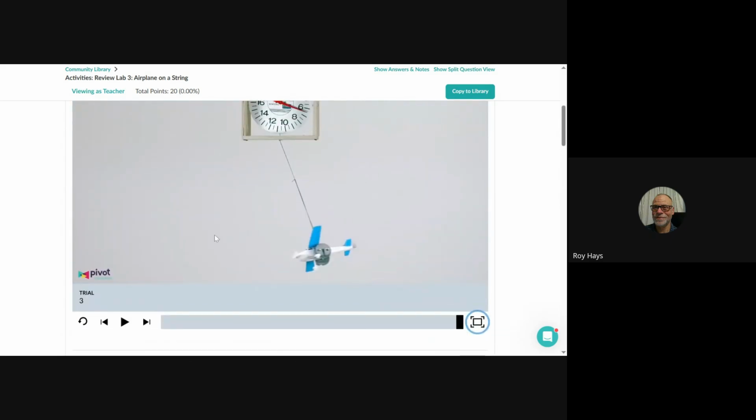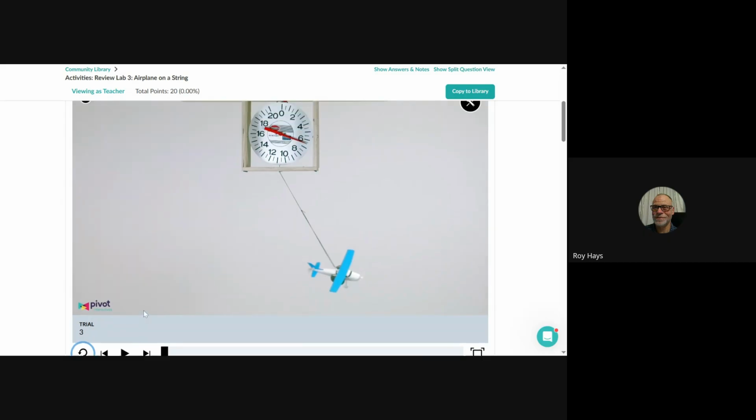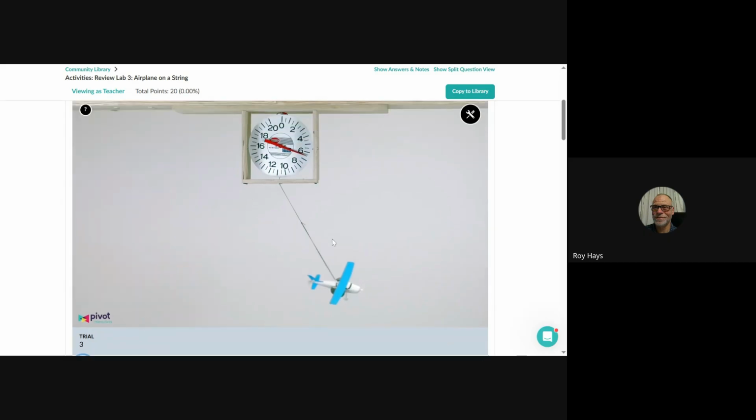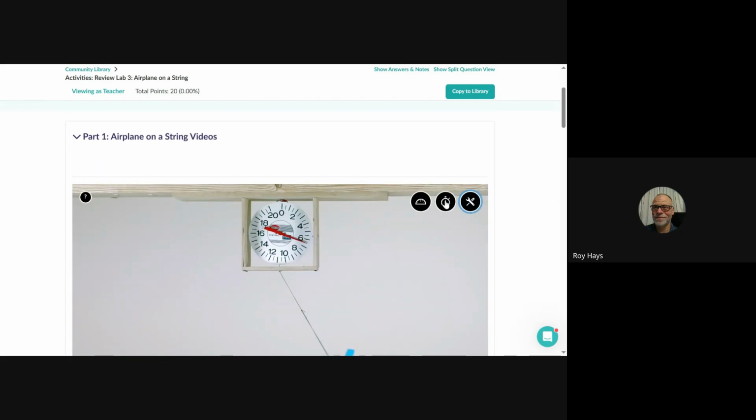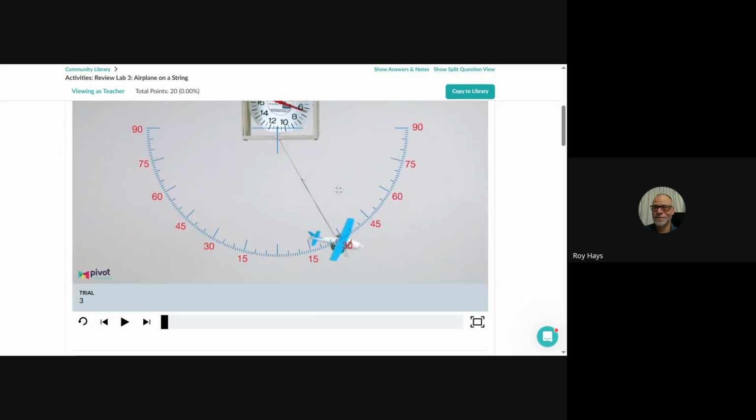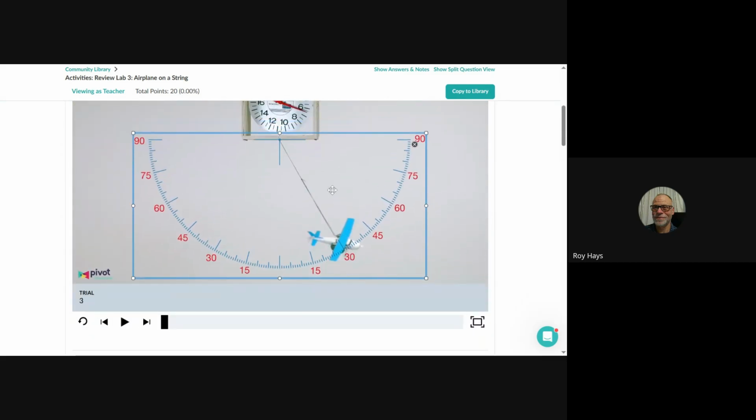Now, a point of caution when you are making these measurements: when the video starts off, the airplane is behind the plane of view. If you make the angle measurement at the start of the video, with the protractor here, you are not measuring the correct angle.